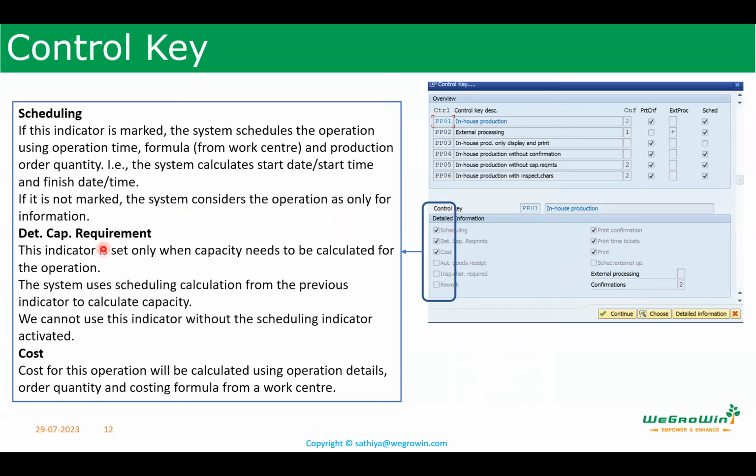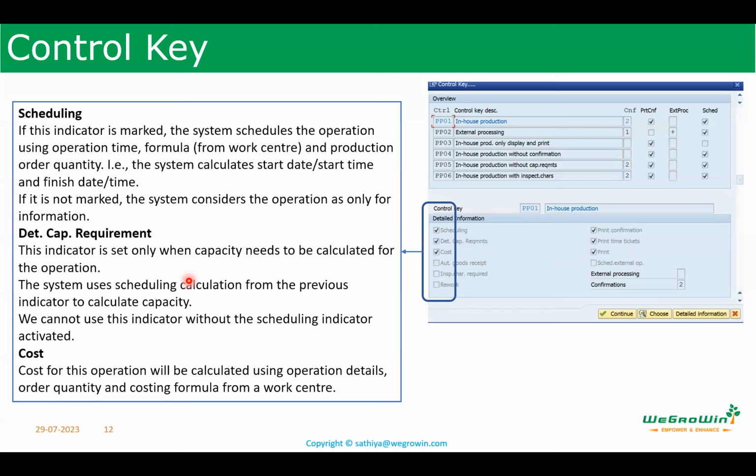Okay. Then determine the capacity requirement. For example, we have the operation, and especially in production, it is critical to measure what the capacity is at least. So if you want to consider this as part of capacity calculation, then we have to select this tick mark, because when we are creating the routing, we are giving the work center and also the control key.